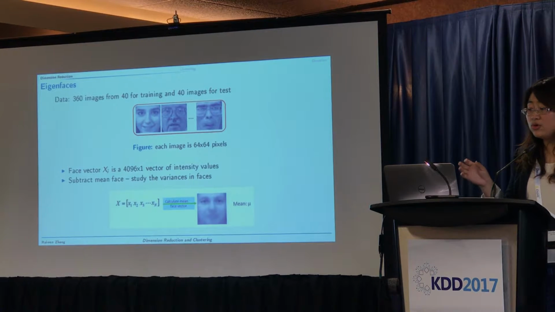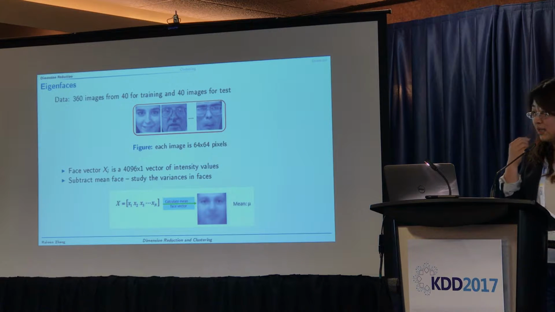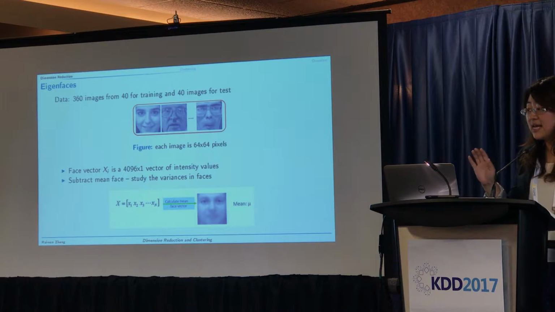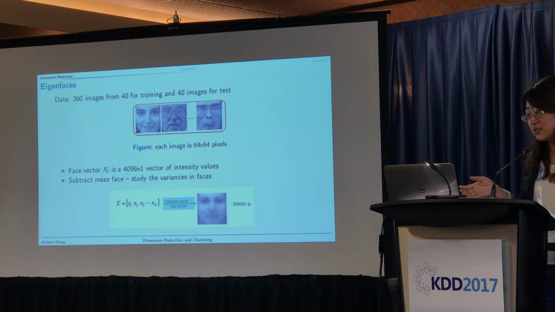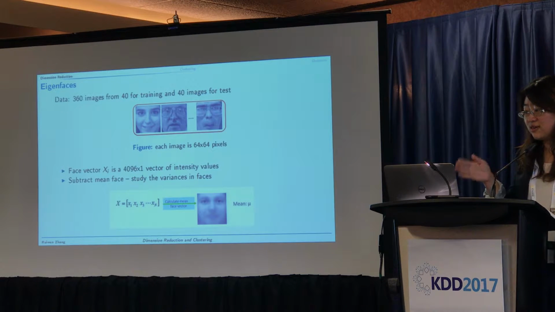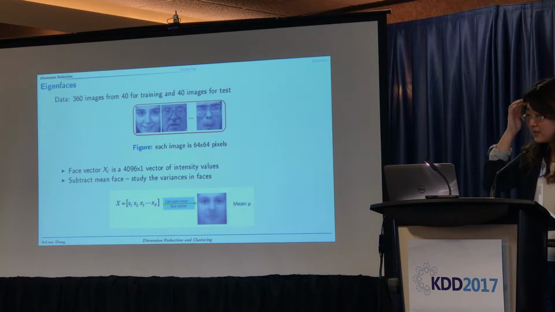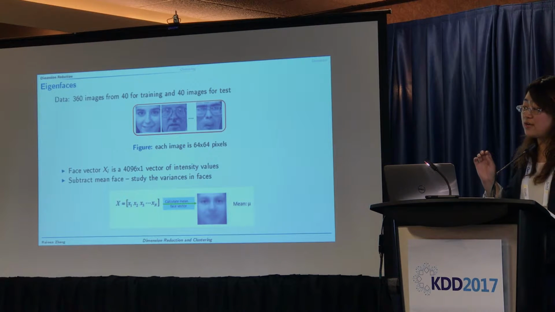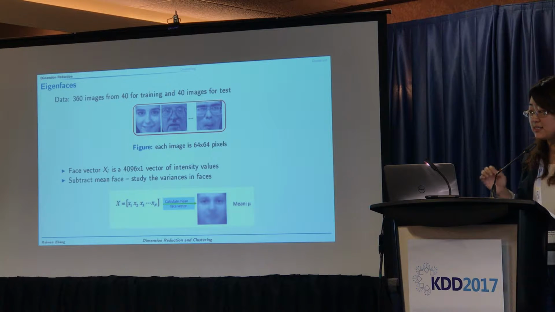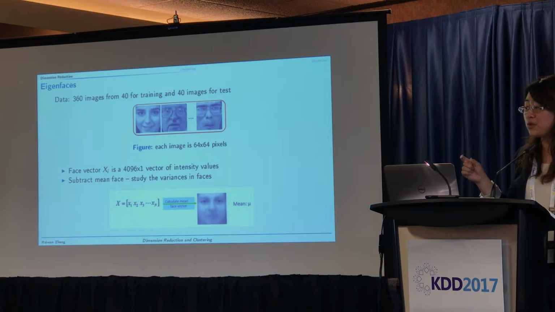Those images are all taken in an upright position in frontal views, varying some lighting conditions and facial expressions, but they are all taken against a dark homogeneous background. Each image here is 64 by 64 pixels in resolution. So each feature vector, or what we call a sample, corresponds to a 4096 by 1 vector.